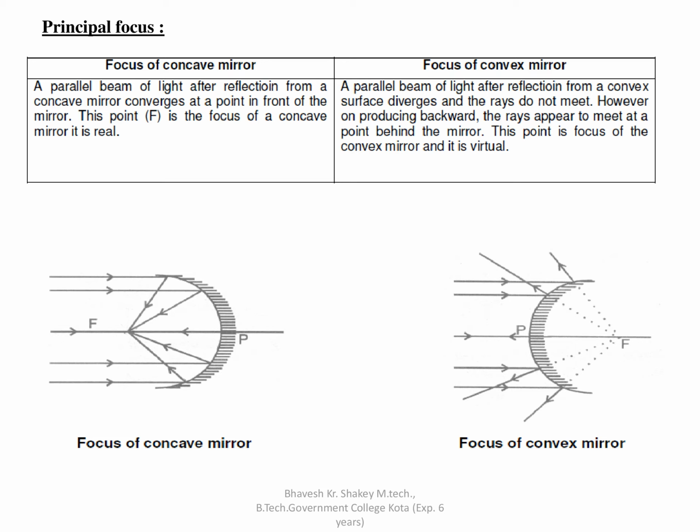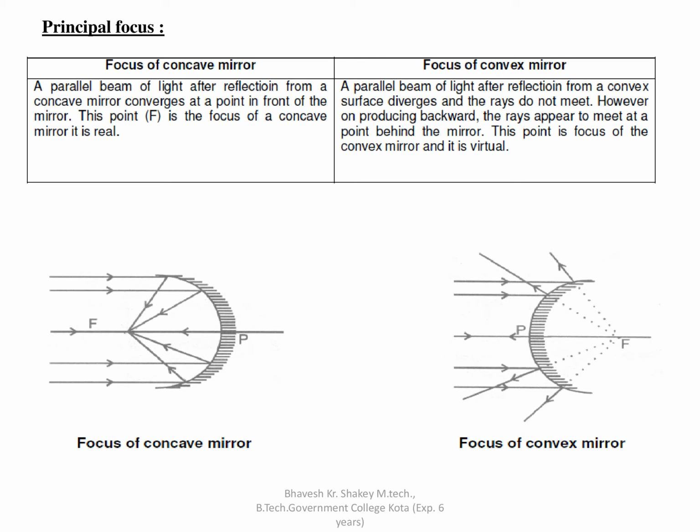Because they are not actually meeting at a point on the principal axis, they only appear to meet, we denote them by a dotted line. Because they appear to meet at a point on the principal axis, that point is called the principal focus for a convex mirror. Now this principal focus is a virtual one. Why? Because the rays are not actually meeting at that point, they appear to meet at that point.